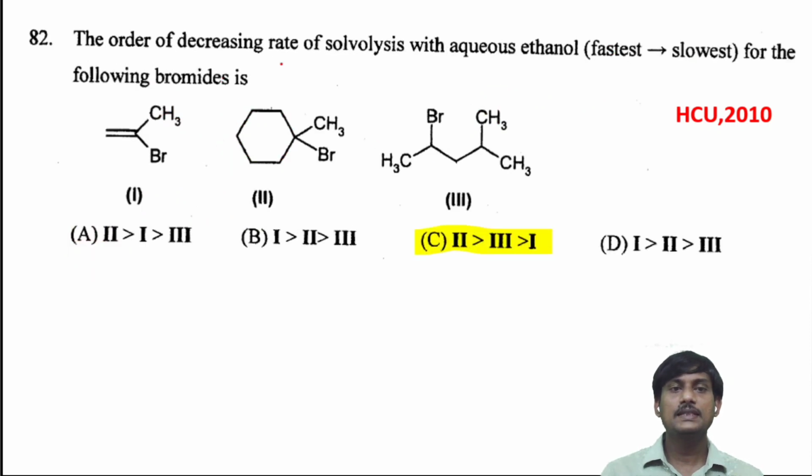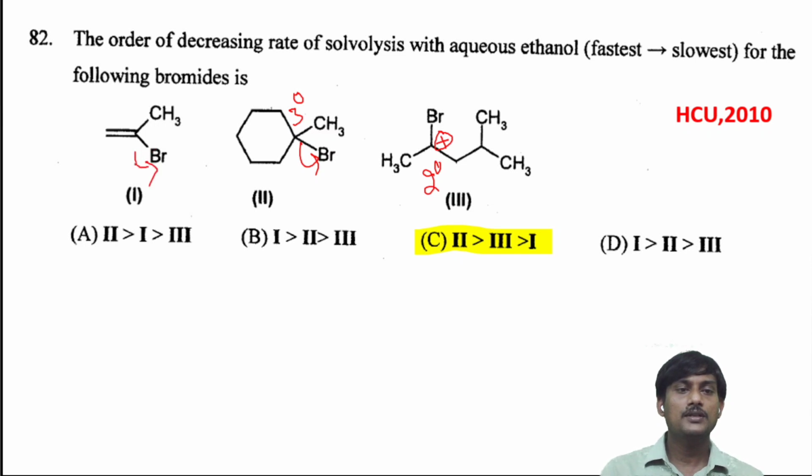The order of decreasing rate of solvolysis with aqueous ethanol for the following bromides. It's an SN1 type of reaction. The more the stability of the carbocation, the more the rate of SN1 reaction. Here there is a formation of this carbocation, a secondary carbocation. Here also, when there is a removal, there is a formation of a tertiary carbocation.